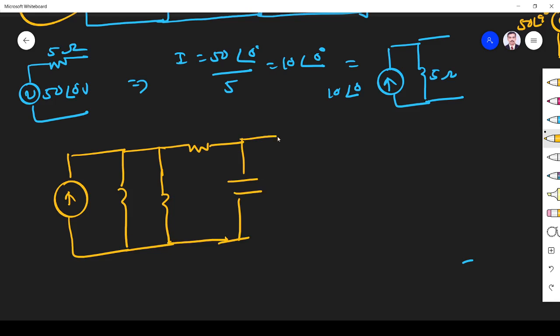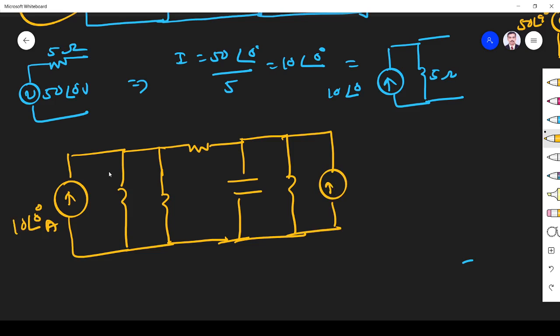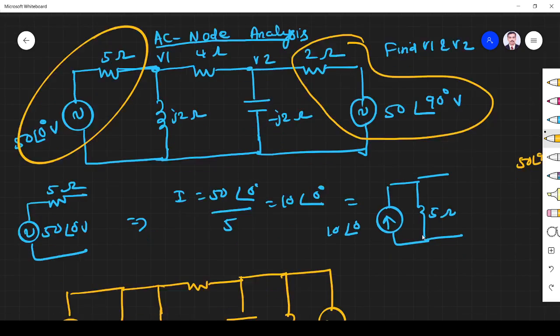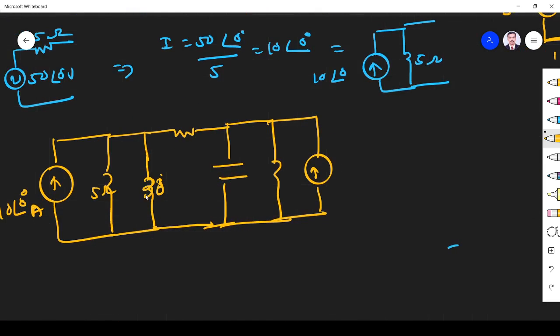Next, the parallel current source: this is 10∠0 degree, this is 5 ohm, this is j2 ohm, this is minus j2 ohm, and this is 4 ohm between V1 and V2. The source is 25∠90 degree ampere, and this resistance is 2 ohm.